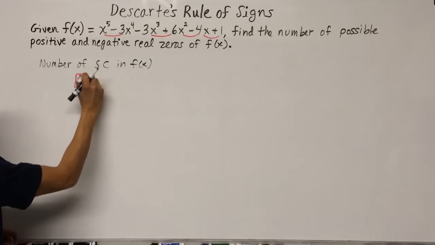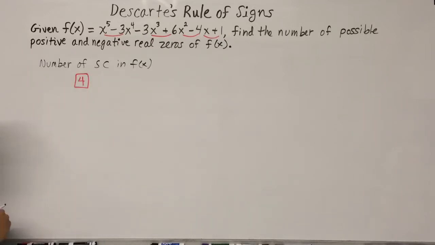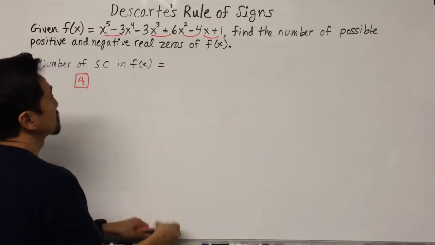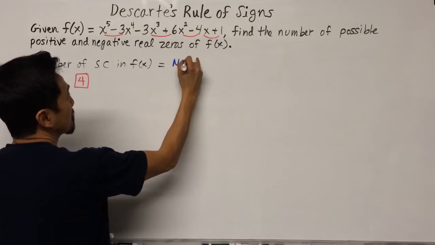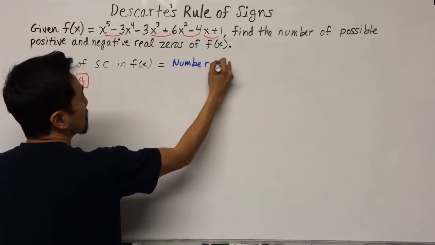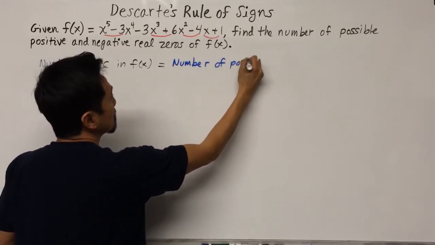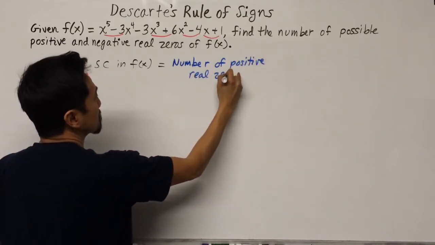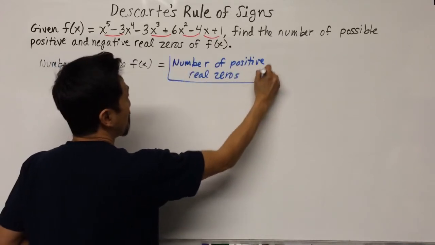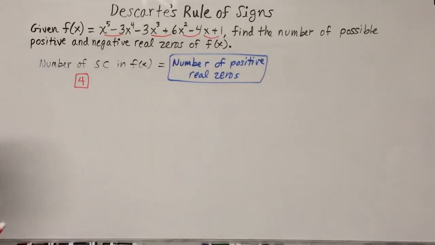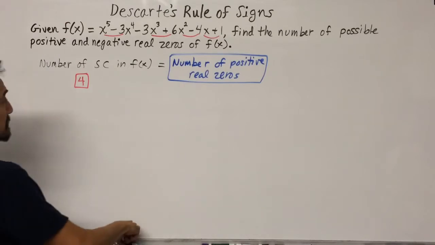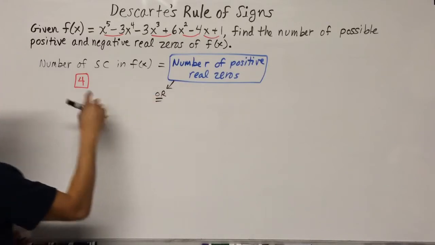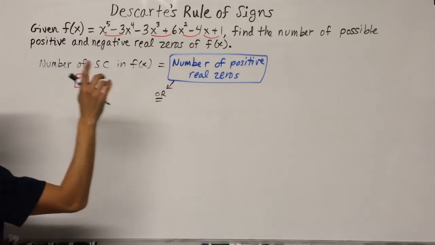Okay, so we got that number there in red, and that's going to give us the number of possible positive real zeros of f of x, right? Or the theorem says that or it's less than that number by an even number.